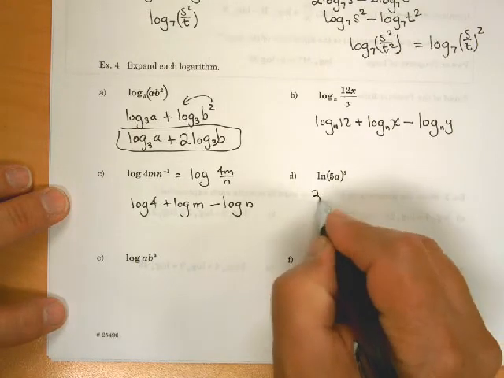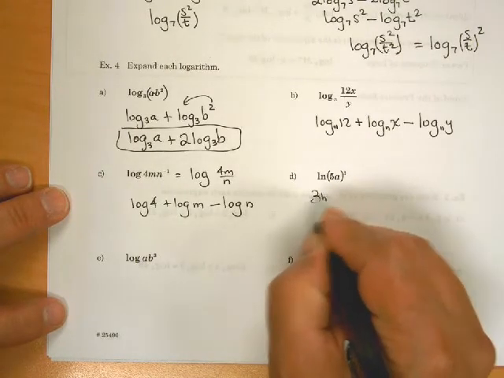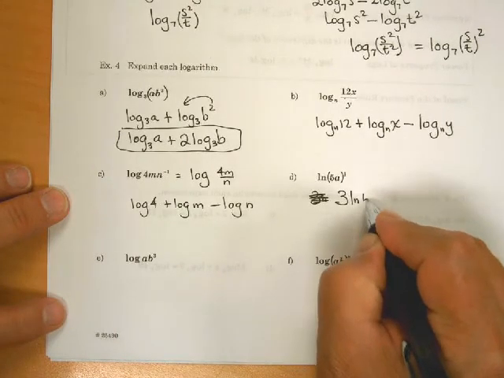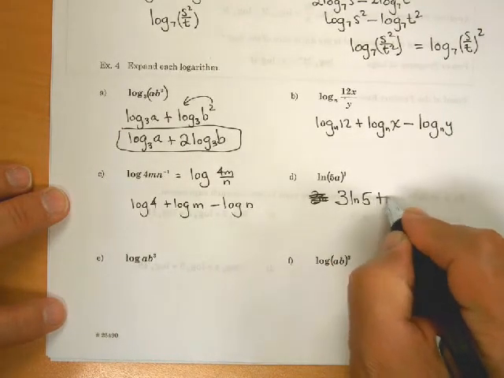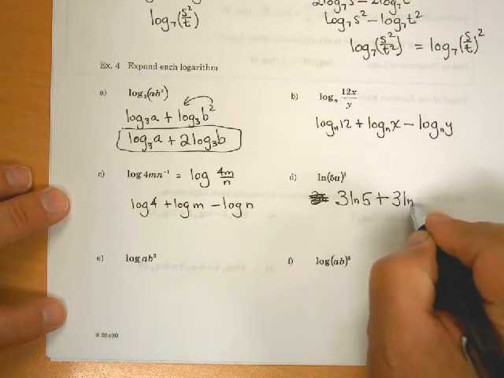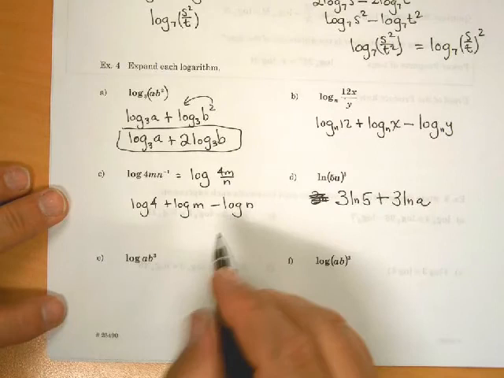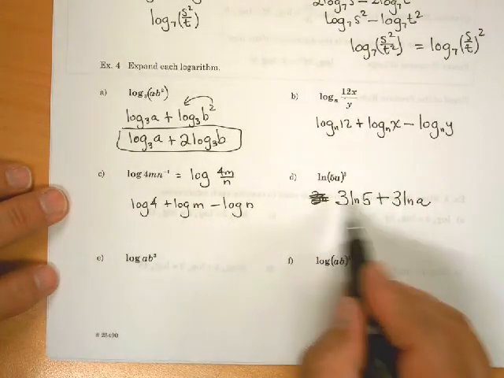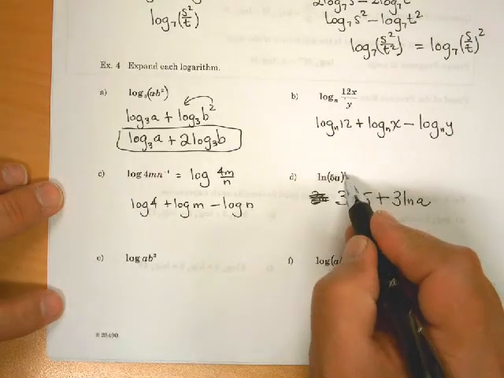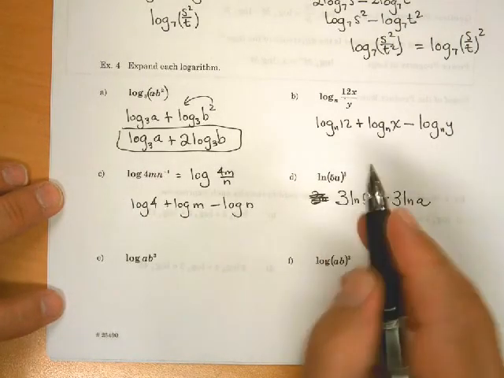So it's 3 natural log of 5 plus, and the plus comes from the times, it's in the middle there, 3 natural log of a. The reason the 3 is on each of them is because this parentheses extends the influence of that third power to both parts of that base.